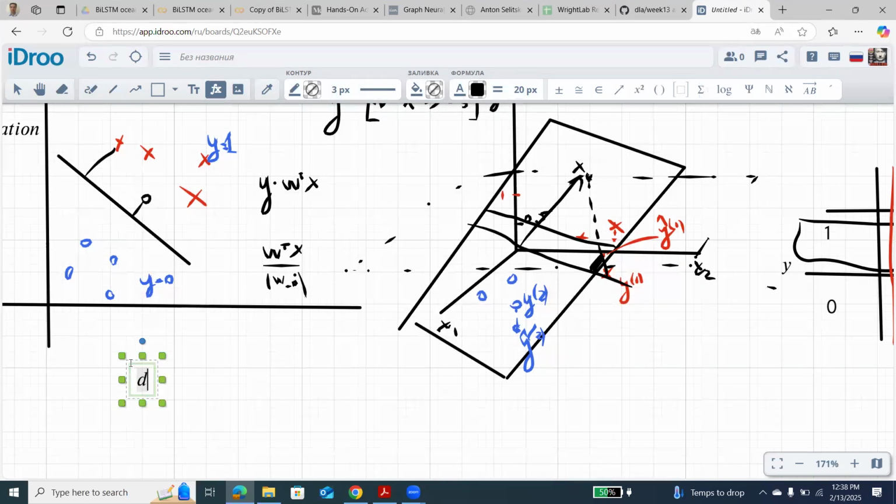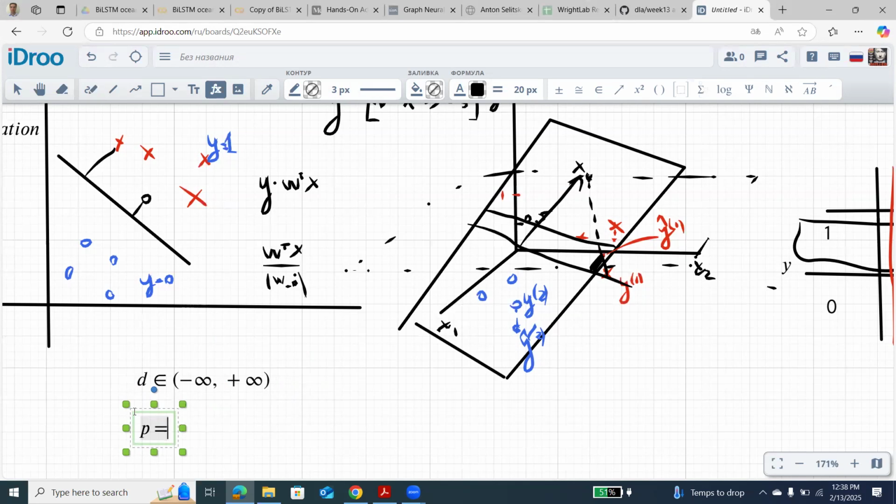Distance can take values from -infinity to positive infinity, while probability takes values in the range between 0 and 1. So to convert distance into range 0, 1, we will use so-called sigmoid function.